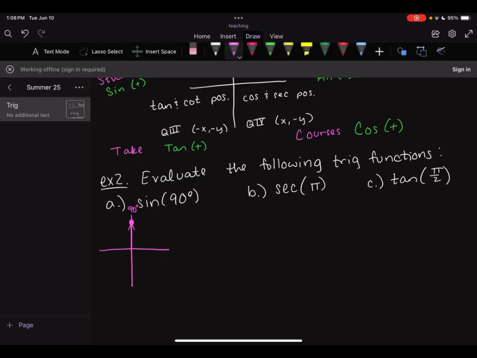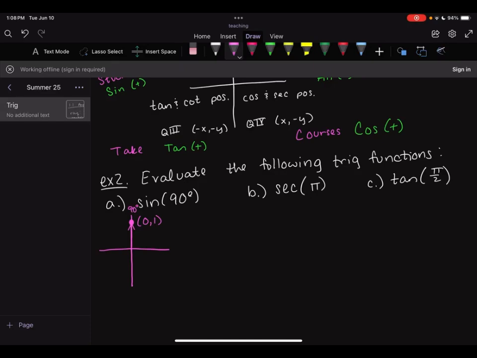In general, we're going to be working with the unit circle whenever we talk about these angles. So I'm just going to say that this is the point 0, 1. The reason I say 1 is because we're using the unit circle, so the radius is going to be 1, just as a default. So if I think about what the radius would be, I just said that it's 1.